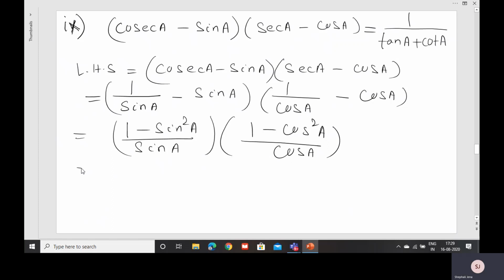Fractional subtraction: by the identity it will come cos square A divided by sin A into 1 minus cos square A. The bracket function you have to find first.